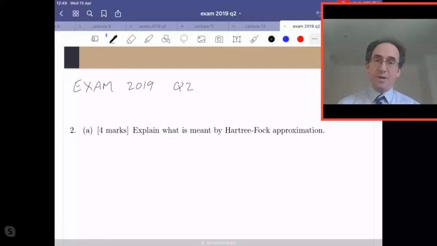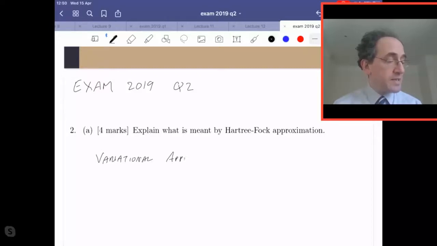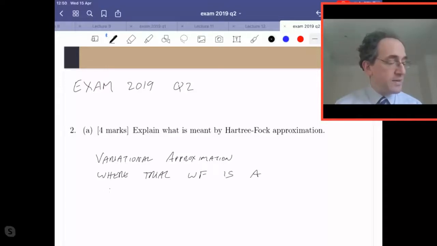There are probably various answers that would have been acceptable. Probably the cleanest is to say that it's a variational approximation, where the trial wave function is a single Slater determinant.